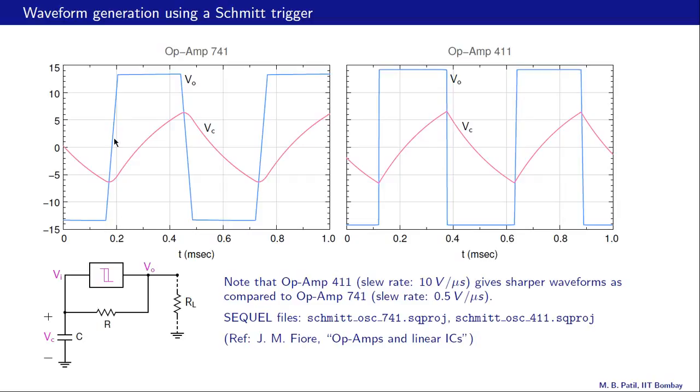We have these slopes here. Whereas if we use another op-amp with a higher slew rate like op-amp 411, which has a much higher slew rate, 10 volts per microsecond, then we can get sharper waveforms. So that's an important point, and we should remember that if we want to implement that in the lab or for some application.